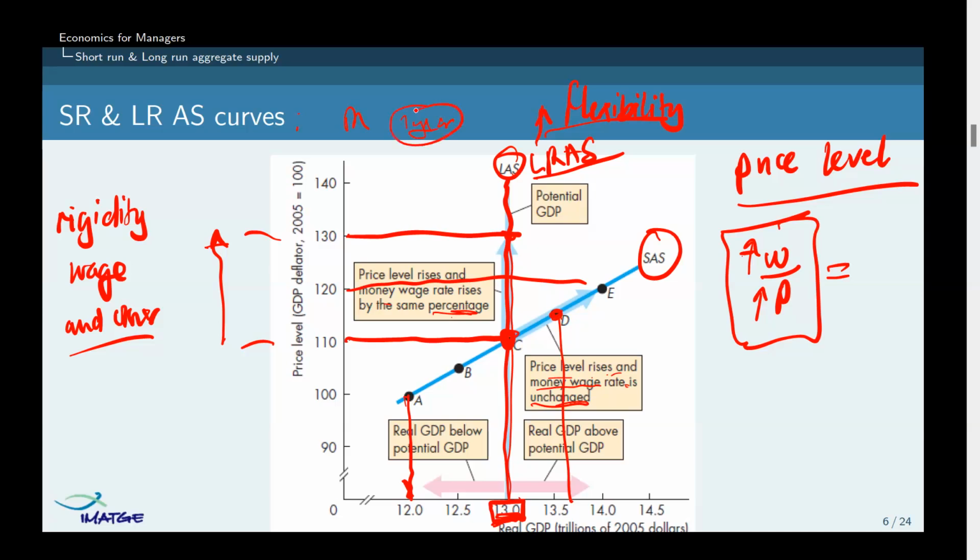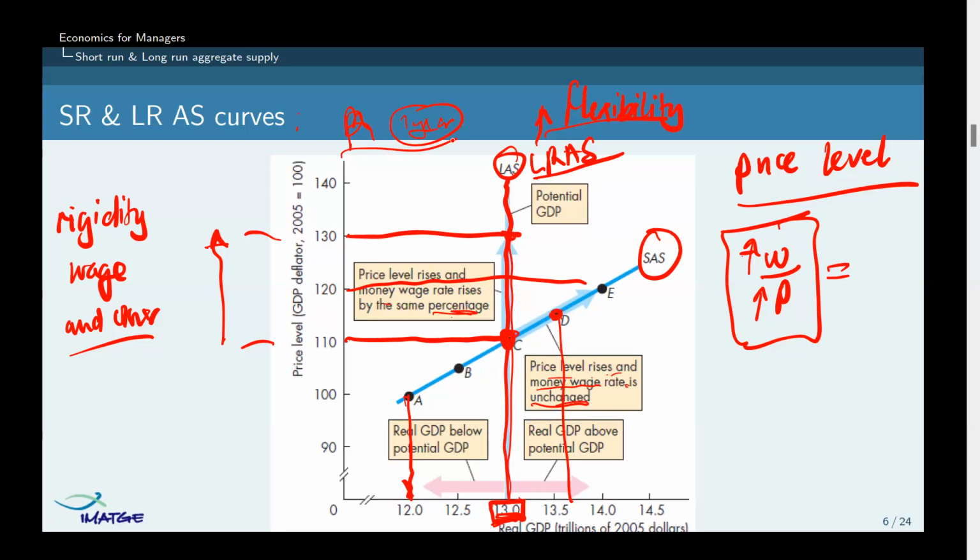So it will become very difficult for them to say, because of inflation or because prices are continuing to increase, can we increase the wage rate of the employees? So companies will continue to benefit in the short run because they will be selling their output at a higher price, but wages will be rigid in the short run, or other input costs will be rigid in the short run.